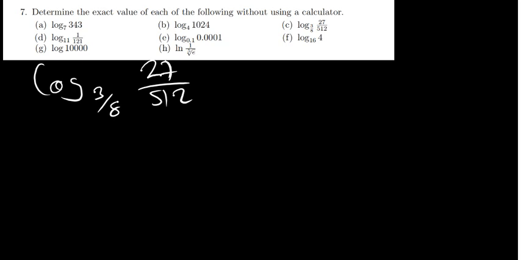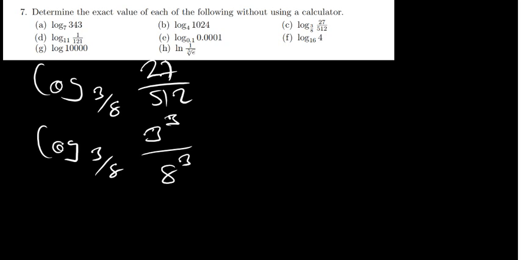Part C is saying we have log base 3 over 8 of 27 over 512. If I want, I can equate it to x and then find the value of x. That is the exact value. But again, I can do it directly from here. I know that 27 is the same as 3 to the power 3, and 512 is the same as 8 to the power 3.